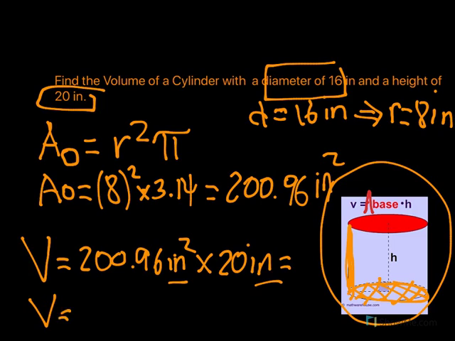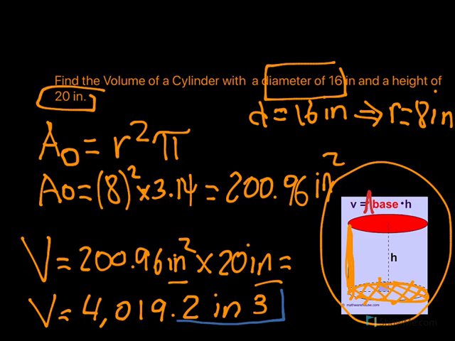So we do that multiplication, 200.96 times 20, and that gives me 4,019.2 cubic inches, and this is going to be your final answer. This is the volume of that cylinder right there, 4,019.2 cubic inches.